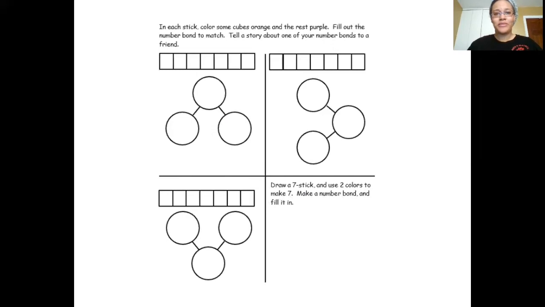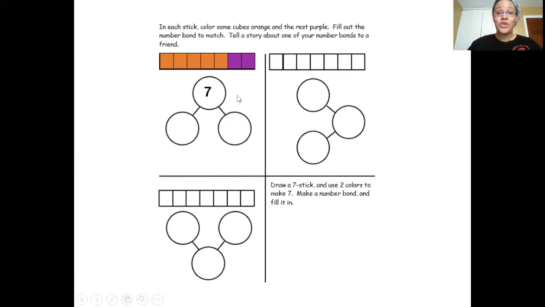Okay, so let's try one of our problems. So we know that we have this cube stick, and we should start off with the number 7 in our whole. All right, let's find out what the colors are. Great. I see orange and purple. I see 1, 2, 3, 4, 5.